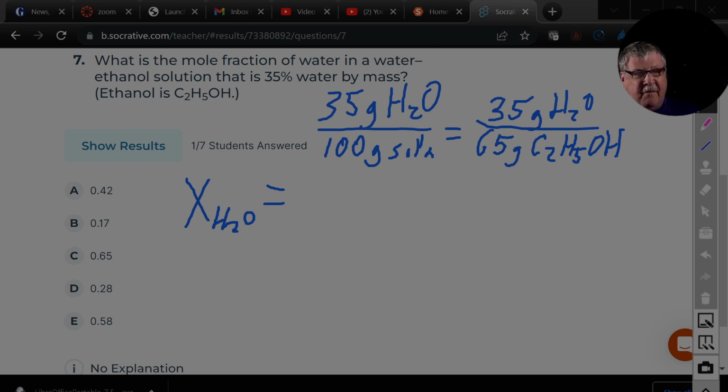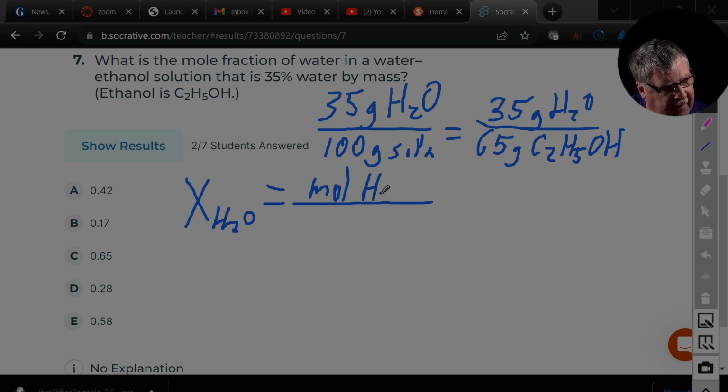That's implied in the word fraction. What is a mole fraction? In this case, it would be moles of water divided by the total moles in the solution. So we need to know moles both of water and of ethanol.